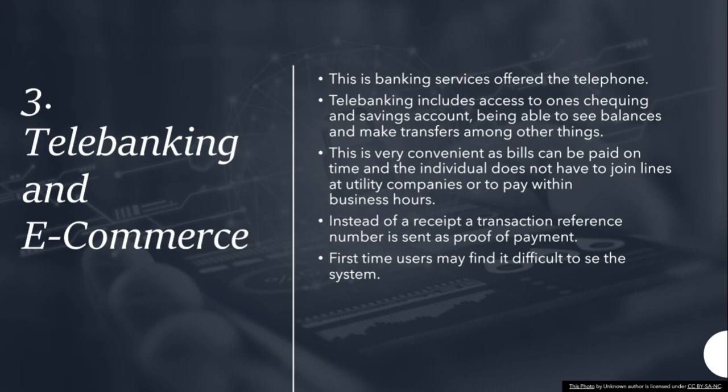They have their app, and you are able to access your balances. You can check your balance. You can see when individuals or businesses send you money into your account, or you can see when money is taken out of your account, and anything that happens to your account you can also see it, right? You can also make transfers, among other things, right?